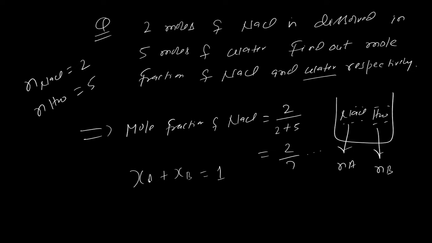So suppose Xi A is the mole fraction of NaCl and Xi B is the mole fraction of H2O. NaCl you know, it's 2/7, plus mole fraction of H2O is equal to 1. So mole fraction of H2O is equal to 1 minus 2/7. Whatever comes will be your answer. So this is one type of question they can ask you.